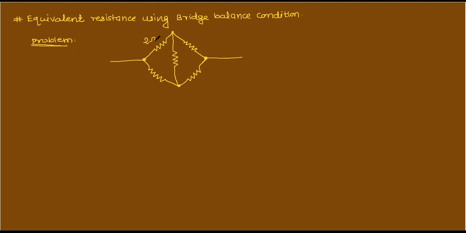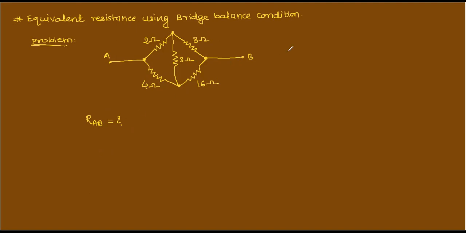This is 2 ohm, this is 4 ohm, this is 8 ohm, and this is 16 ohm, and this is 3 ohm. This point is A and this point is B. In the problem they are asking you to find RAB, that is the resistance between points A and B.